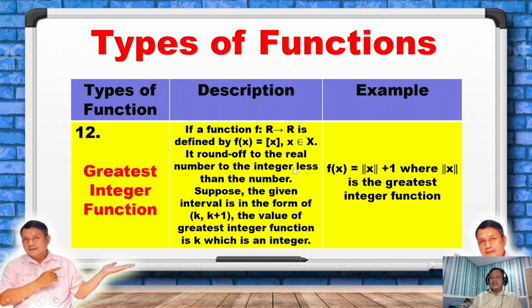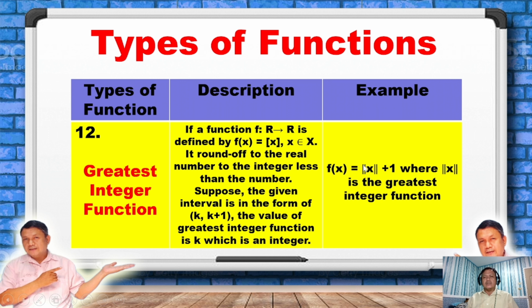Okay, so sa case na to, class, kailan naman natin malalaman na siya po ay tinatawag na greatest integer? Look at the example. So we have f of x is the greatest integer of x plus 1, where the greatest integer of x is the greatest integer function. Now, ang kaibahan niya sa absolute value function ay ito, dalawang parallel line both side noong kung ano man po yung given.